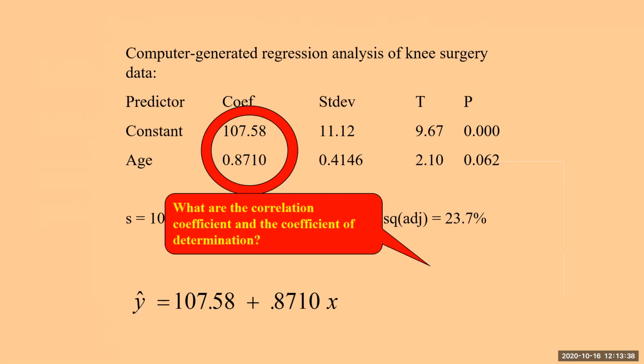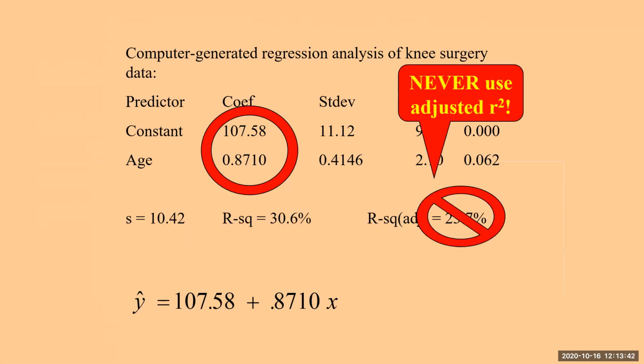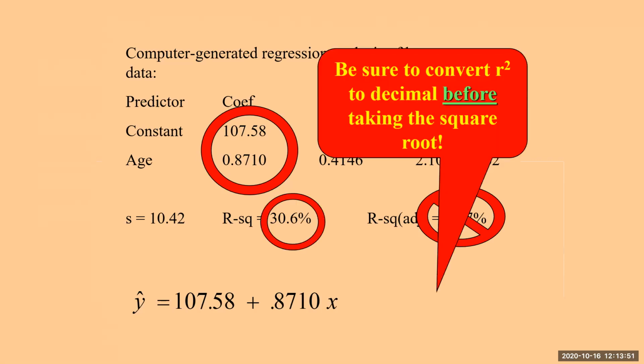So what's your correlation coefficient and the coefficient of determination? Well, we have R squared, never use R squared adjusted. R squared will get us our coefficient of determination. And we always state it as a decimal. Only when you interpret do you include it as a percent.